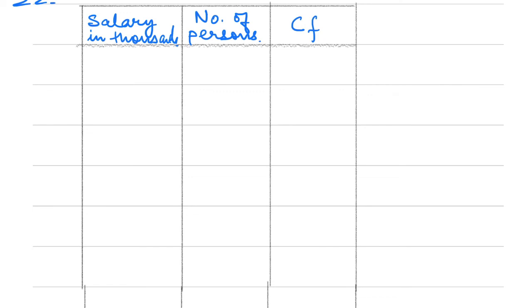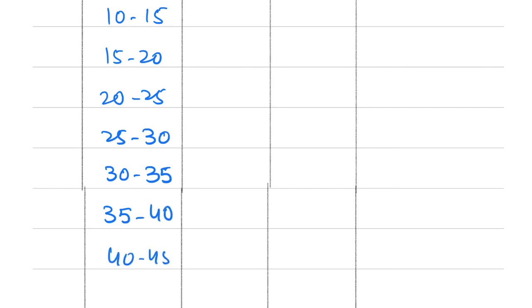Class intervals for salary are between 5 to 10,000, then 10 to 15,000, 15 to 20,000, 20 to 25,000, then 25 to 30,000, 30 to 35,000, then 35 to 40,000, 40 to 45,000 and 45 to 50,000.